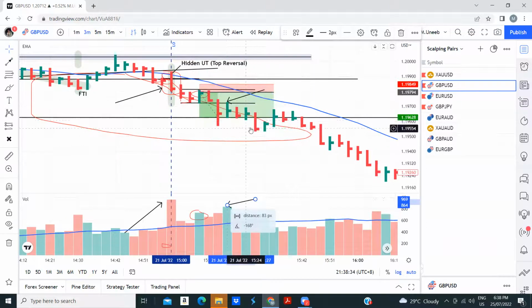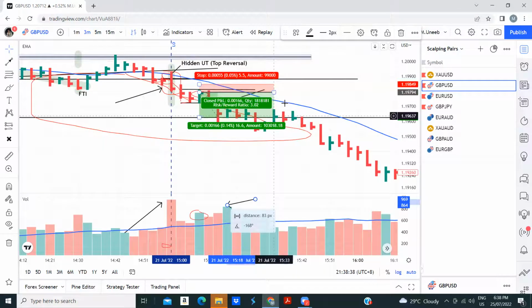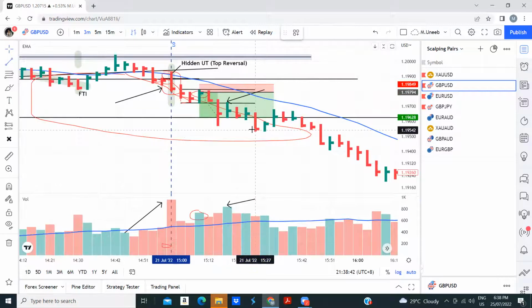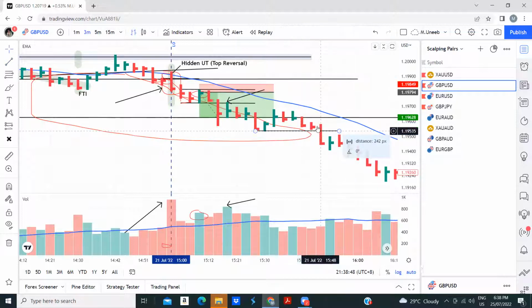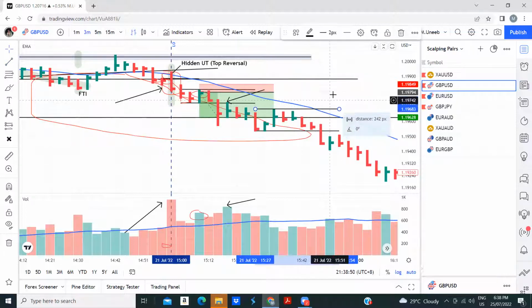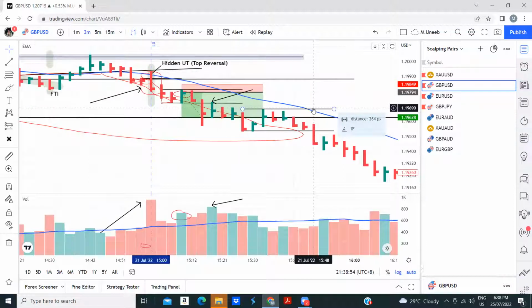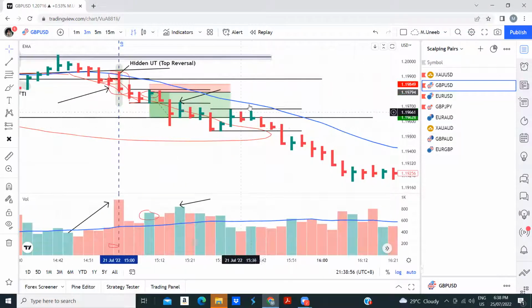Now this becomes a background, and price breaks through this. After an FTI, I told you, whenever we have an FTI, what do we have after it? A redistribution structure, right? So we have a redistribution structure.